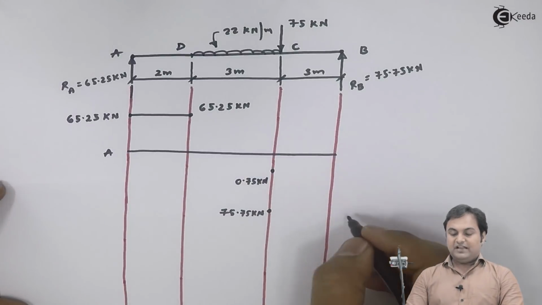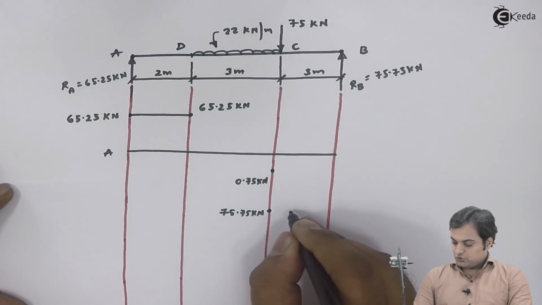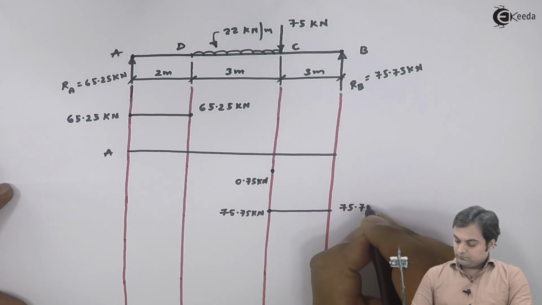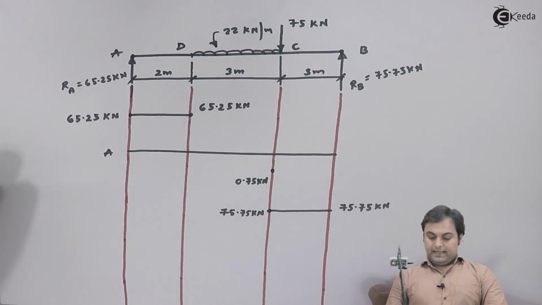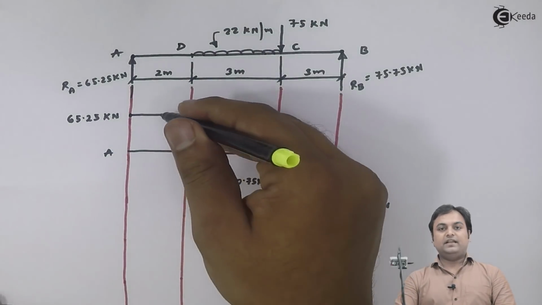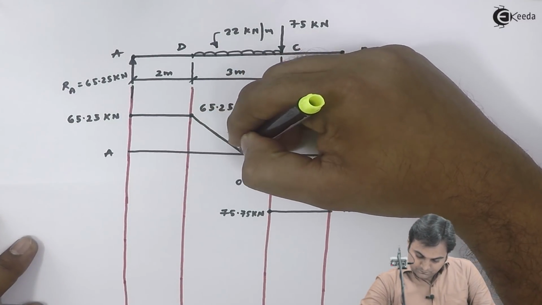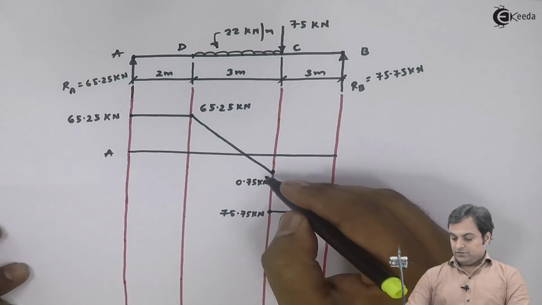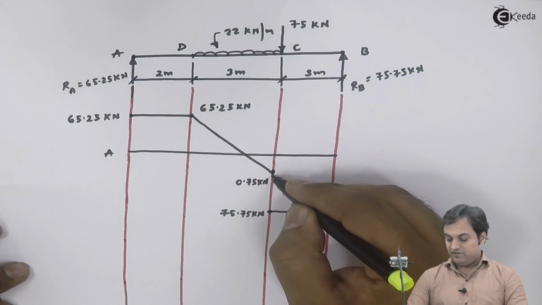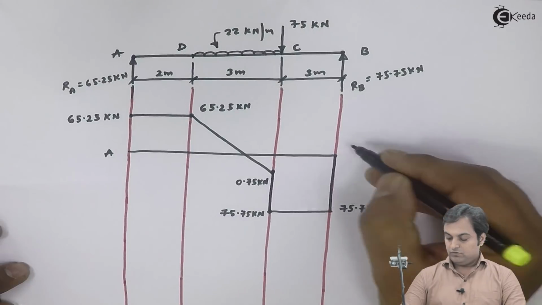So these are the values which we have, and even we can say between C to B, since there is no load, shear force will be constant. As there is UDL between D to C, then shear force diagram should be an inclined line. Next, at point C, the shear force increases from 0.75 to 75.75 and then it remains constant, and finally it reaches the value up to 0.